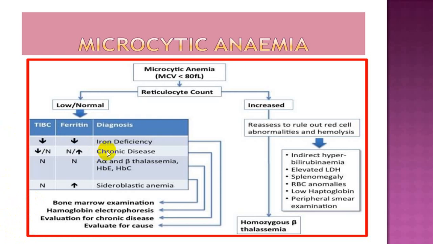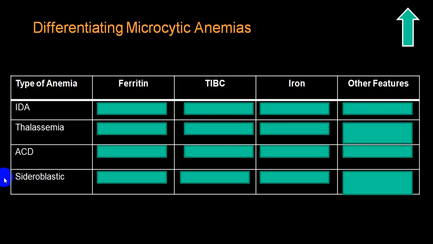While in a case of chronic disease, ferritin may be normal to high, and TIBC will be normal or reduced. In case of sideroblastic anemia, the iron and ferritin level will be elevated and TIBC will be normal. We'll be talking of that again in detail.